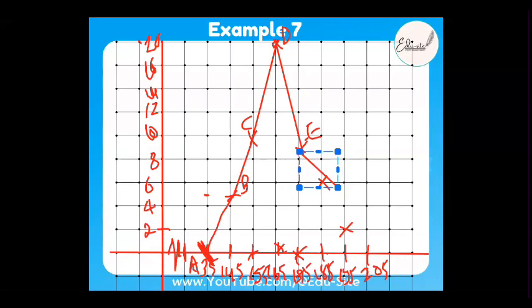Another line from this point to this point, another line from the next 205 to 195. This is our frequency polygon, so A, B, C, D, E, F, G, H is a frequency polygon.